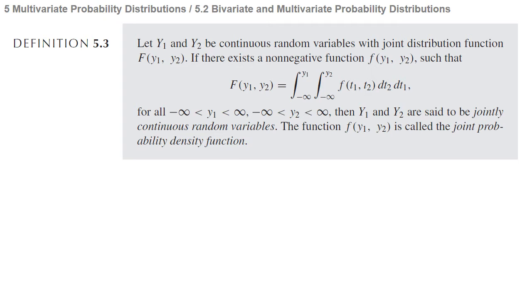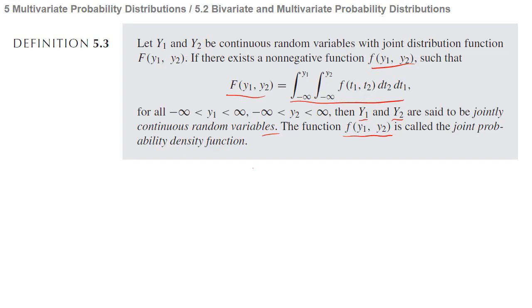If there exists a non-negative function f of y1, y2 such that this thing holds for all y1 and y2, then y1 and y2 are said to be jointly continuous random variables, and the function f of y1, y2 is called the joint probability density function. Here this is an extension of the probability density function for the continuous random variable case.